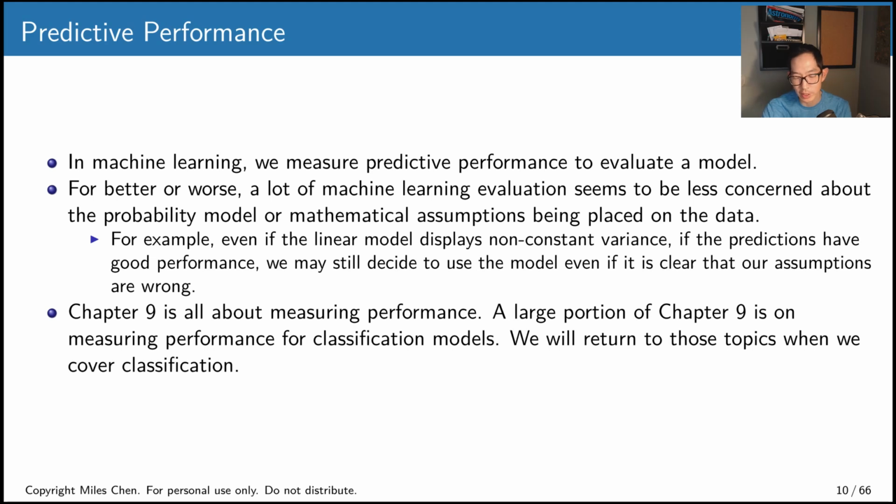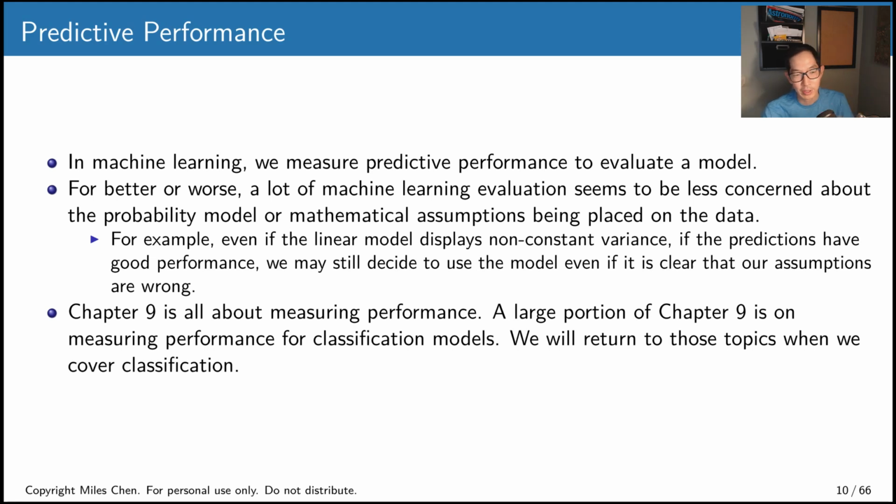In machine learning, the way we do this is we use the model's ability to make predictions. This is how we evaluate the model. So rather than the classical approach that you might have learned in 101A, where you do regression and you look at the summary table of coefficients and see if those things are significant or not, and you check your assumptions, in machine learning, for better or worse, our evaluation is less concerned about the probability model or the mathematical assumptions that are being placed on the data.